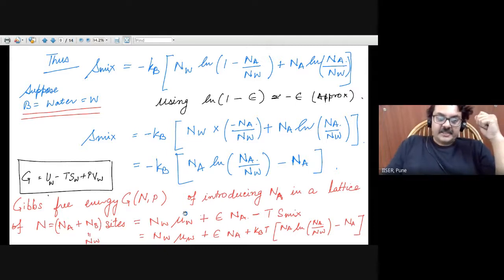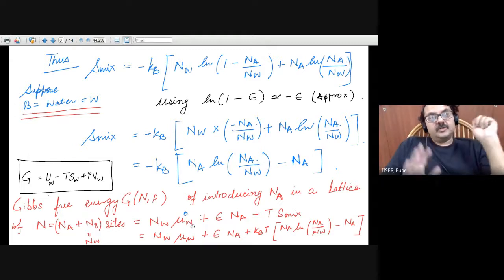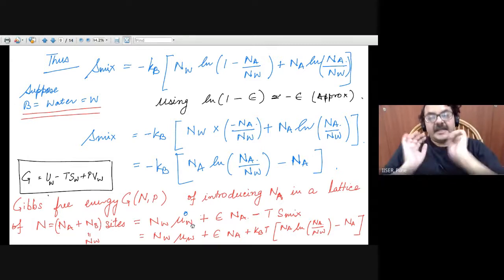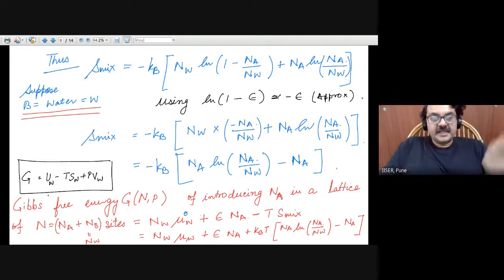If A particles were not there, then you would have N into mu0 W as the Gibbs free energy. But here we have A particles, and Nw is then less than N. All that I have done is substitute S mix from here and write this expression here.